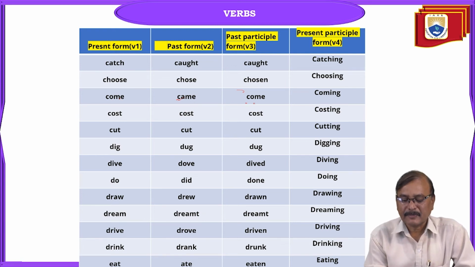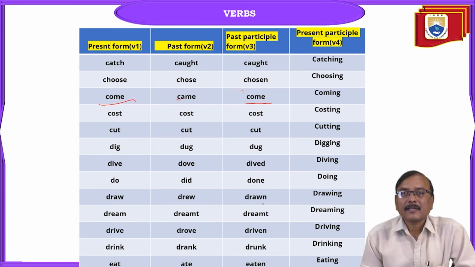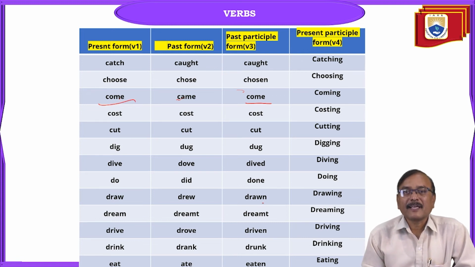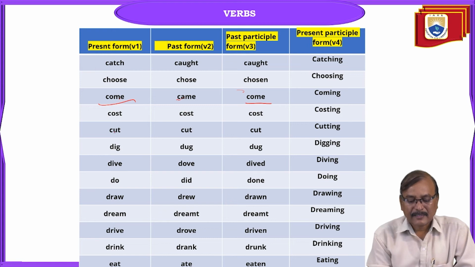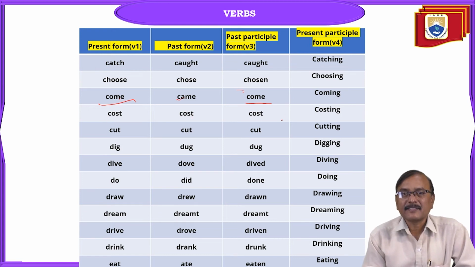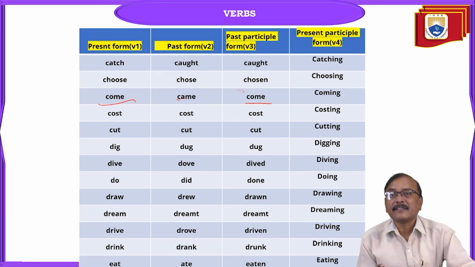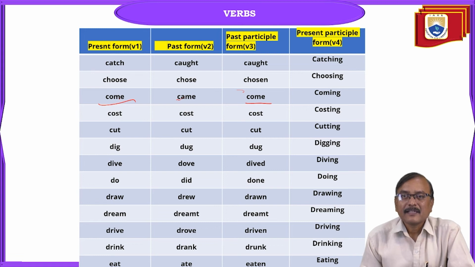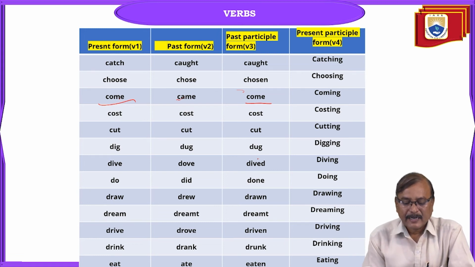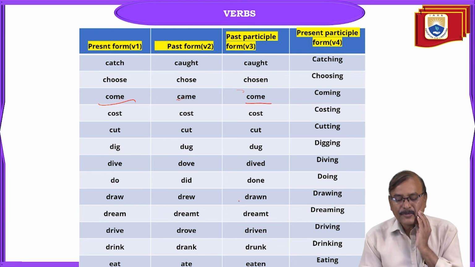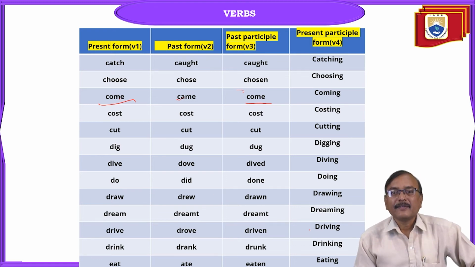V1 and V3 are both the same here. Some verbs don't change. Cast, cast, cast. Don't say casted. Cut, cut, cut. You have to concentrate on these confusing ones. Next, dig, dug, dug. Dive, dove, dived. Do, did, done. Draw, drew, drawn. Like this you should go on.